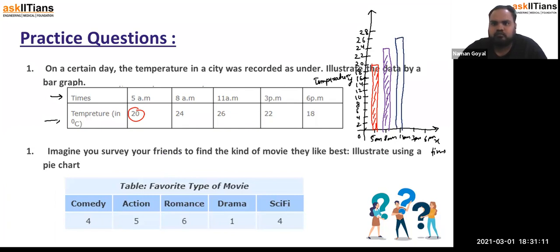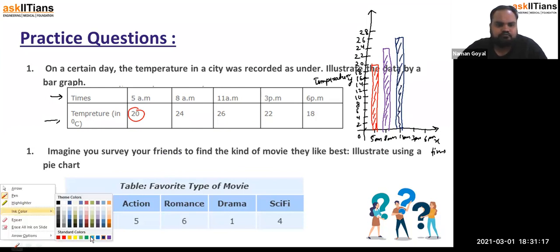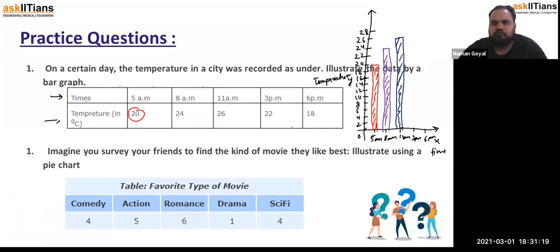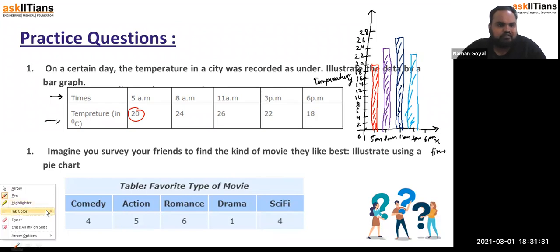Now next, for 3 p.m. it is 22, so we draw the bar till 22. And next is 18.